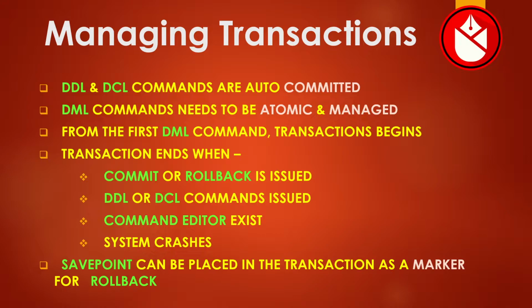A transaction begins with the first executable SQL statement after a commit, rollback or connection made to the Oracle engine. All changes made to an Oracle table data via a transaction are made or undone at one instance.